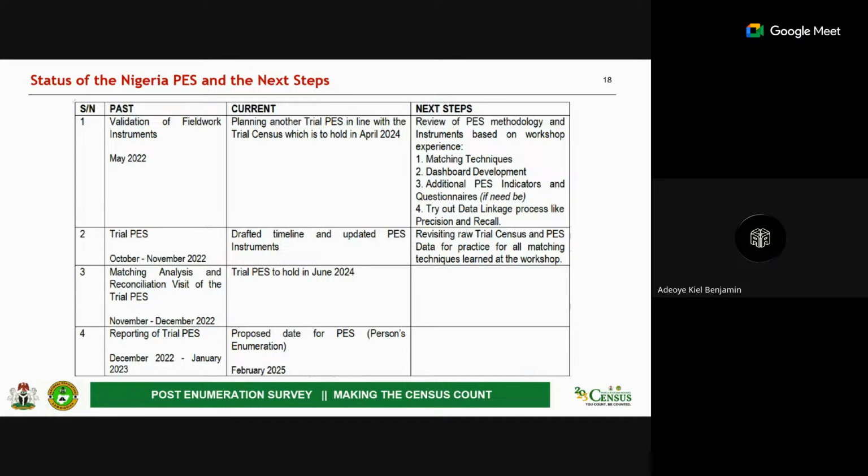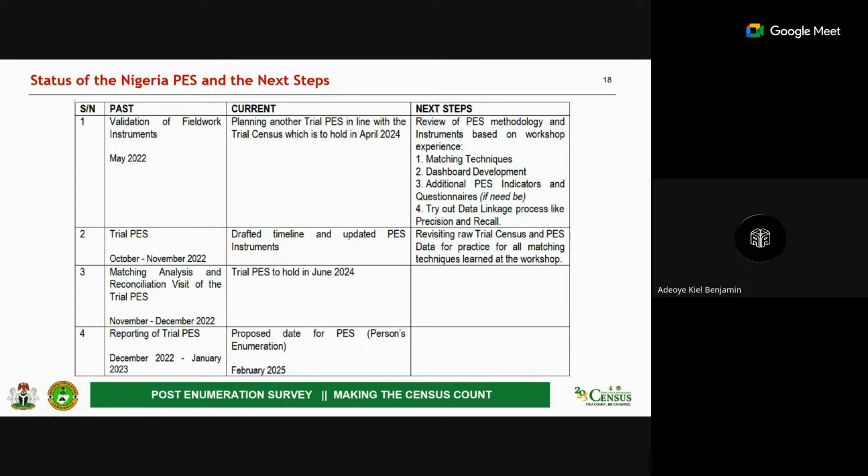Then for the trial PES that we were able to do between October and November 2022, currently we have drafted a timeline and updated the PES instruments. And the next step, we are revisiting the trial census and PES data for practice for all matching techniques. So we are going to use our data to experiment on the processes.